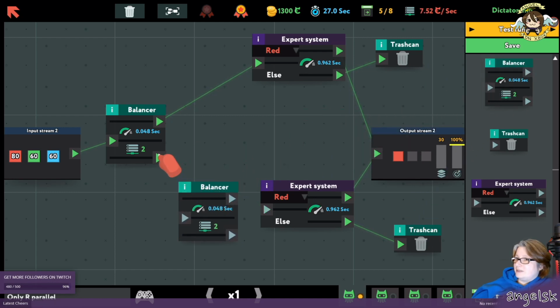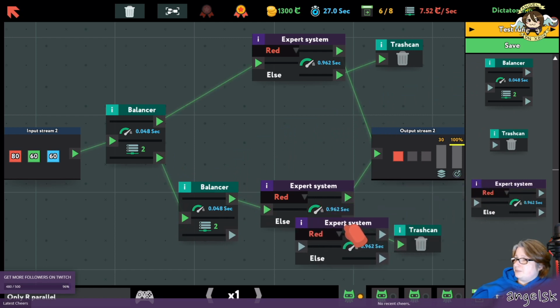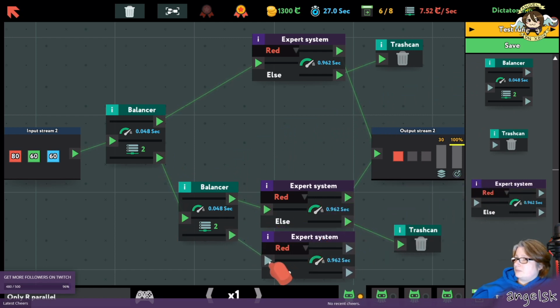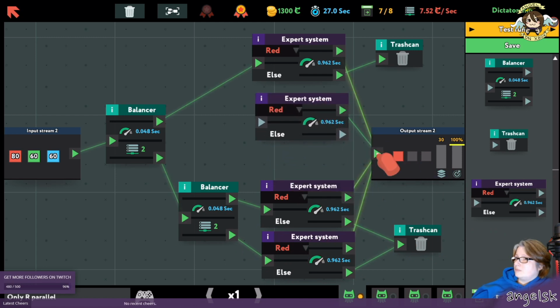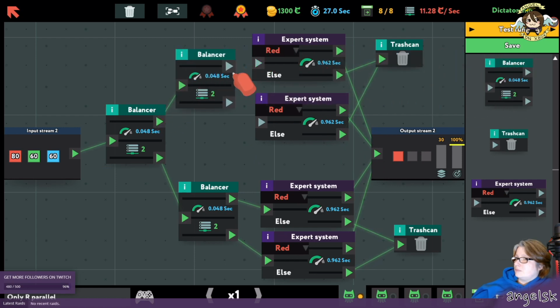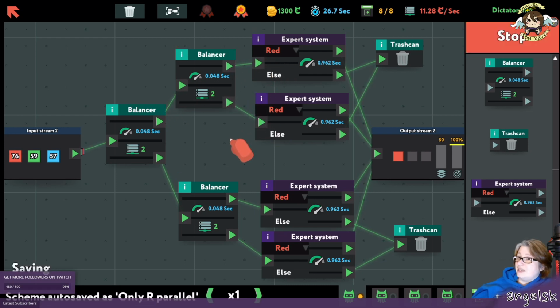We need to double balance. Still gonna be horribly inefficient, but that is the recommended number of nodes.